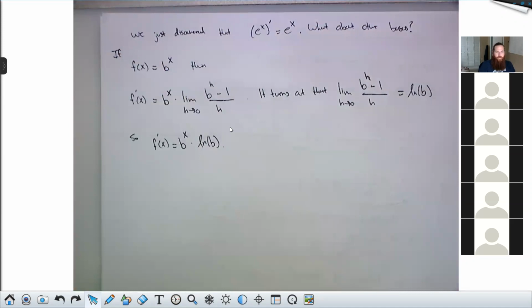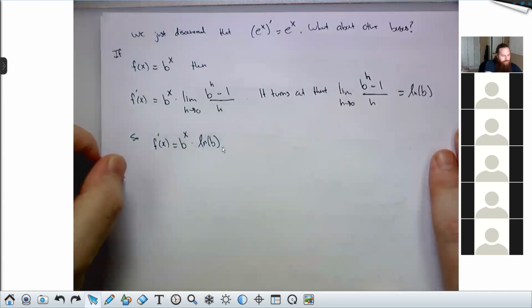And you see how e to the x fits into this. If b is the number e, then this would be e to the x times the natural log of e. Well, the natural log of e is 1. The derivative of any exponential function, a function like 2 to the x, 5 to the x, 1/3 to the x, will always be that function times the natural log of the base. Right? So you have this natural log of b floating around.